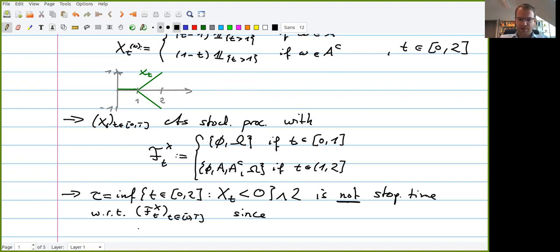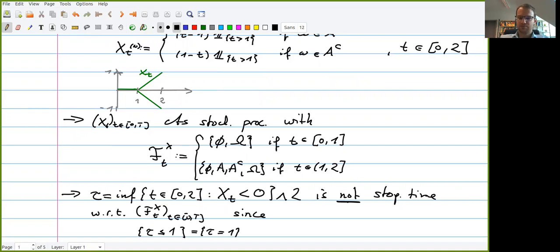What we need for a stopping time, hopefully you remember, is that the event that tau is less or equal than 1 is F_1 measurable. Okay? Tau is less or equal than 1 exactly if tau is equal to 1.